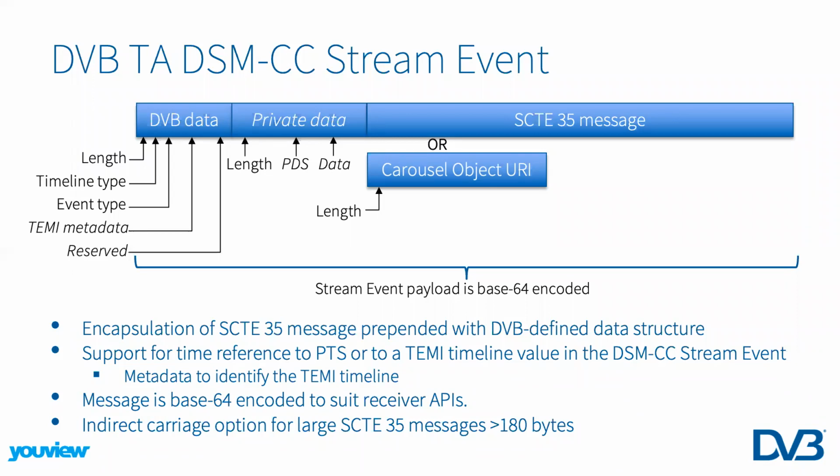And so we identify with this flag whether the PTS fields in the SCT35 message relate to the usual system time clock in MPEG, or whether they relate to a TEMI timeline. And in the case of a TEMI timeline, additionally in this DVB data section, there is some metadata to identify where to find the TEMI timeline. So, that can be extracted via the data in the PMT.